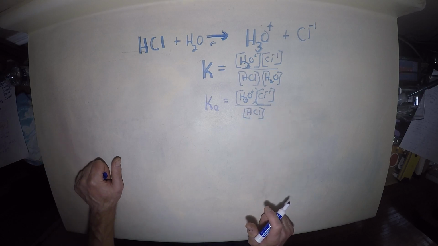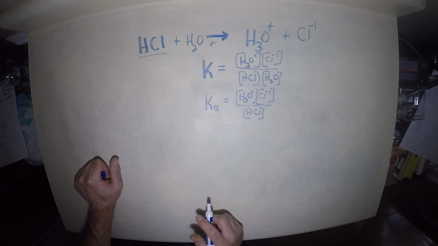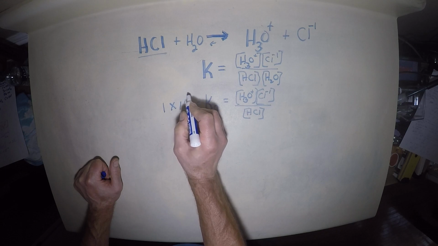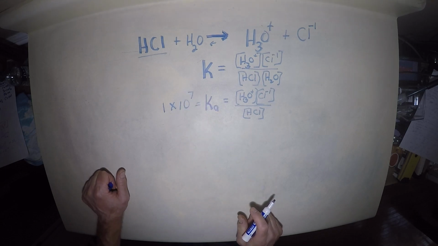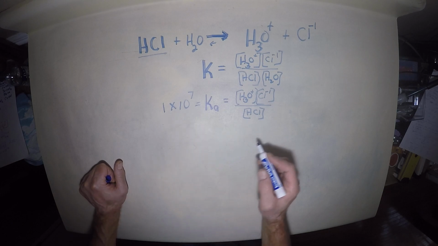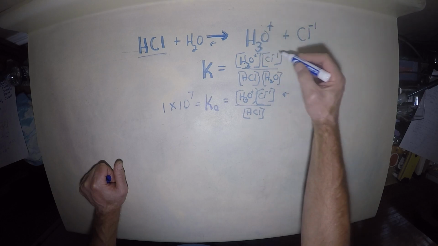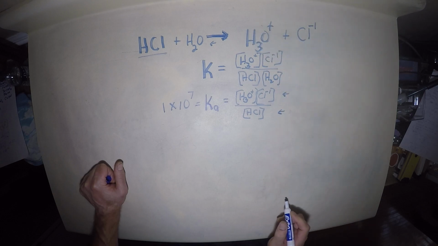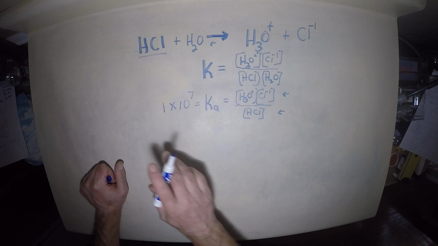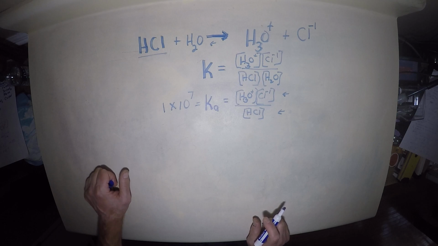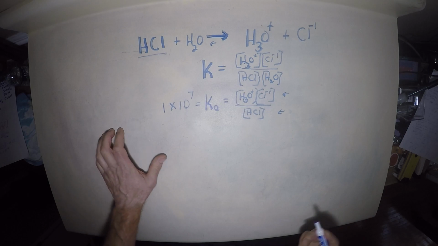So again, another way to say that HCl is a strong acid is it has a large Ka value, often quoted as 1 times 10 to the 7th. That is 10 million, a big number. It just means there's a lot more of the products than the reactants. So essentially it's fully converted over to hydronium and chloride, and that's why we can say that HCl has a low pH.